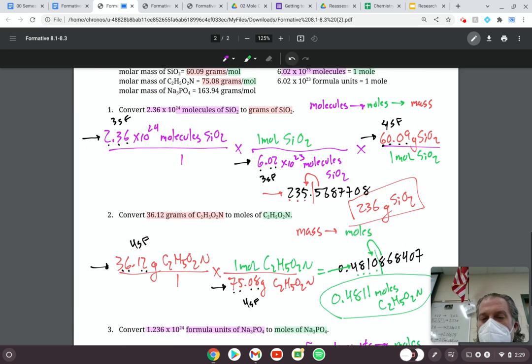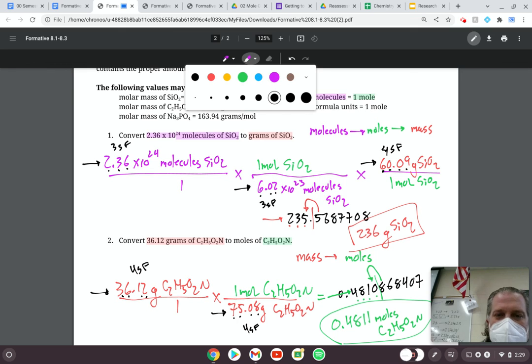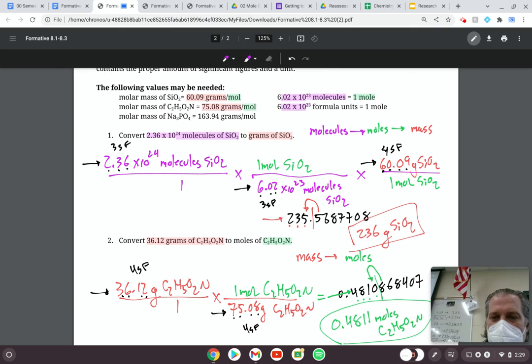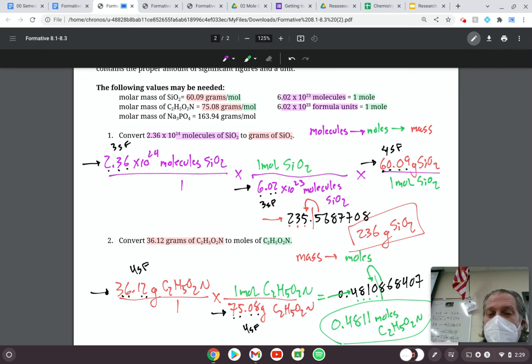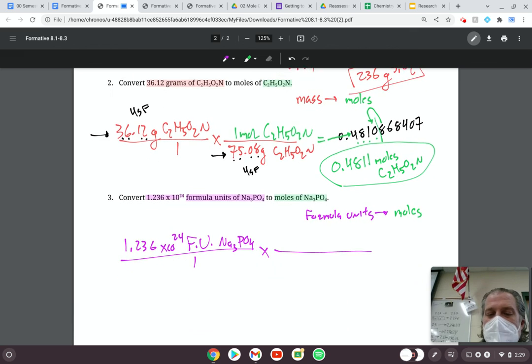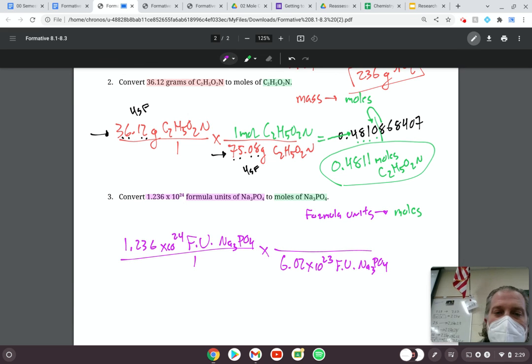So I'm going to go back up here and look at my relationships, and I see that I get 6.02 times 10 to the 23rd formula units equal to 1 mole. So that's my relationship I'm going to use here. So I'm going to set this up so formula units cancel out. So 6.02 times 10 to the 23rd formula units of Na3PO4.